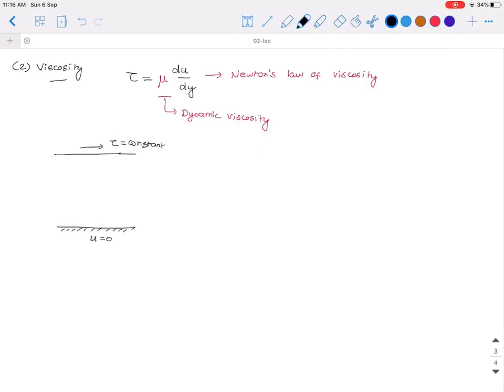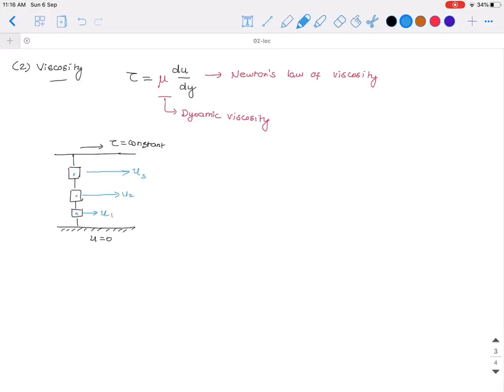Okay, and we will consider a few fluid particles that are lying like this. Okay, so this particle is located very close to the top surface, so it will move at a very large velocity, right? And this one, which is very close to the bottom plate, will move at a smaller velocity, and this will have an intermediate velocity between the top and the bottom layer.